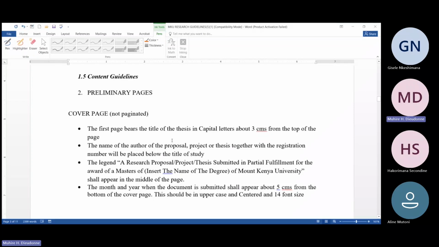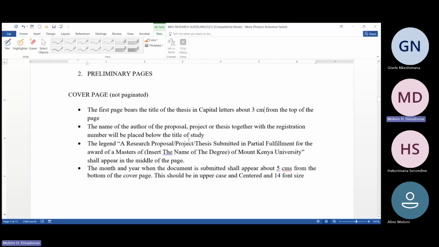The first cover page must be in capital letters, especially the title, and must have 3 centimeters from the top of the page. Also the name of the author proposed, and the registration number must be placed below the title of the study.